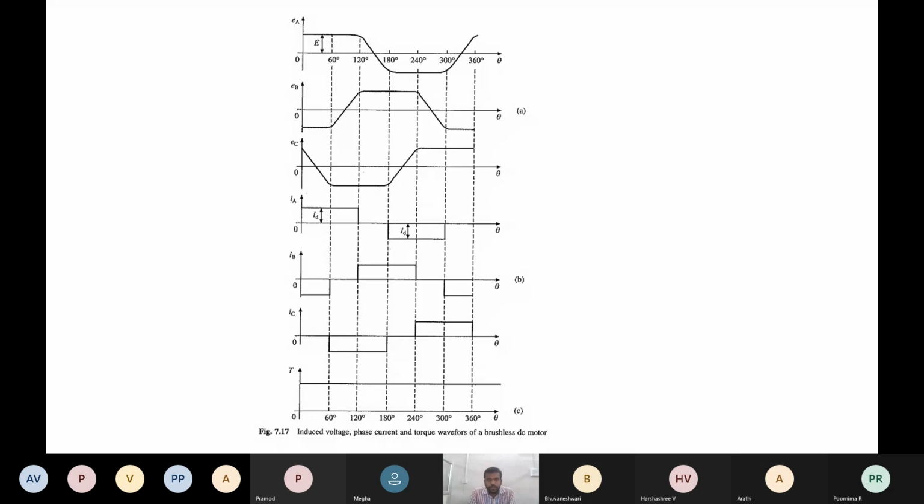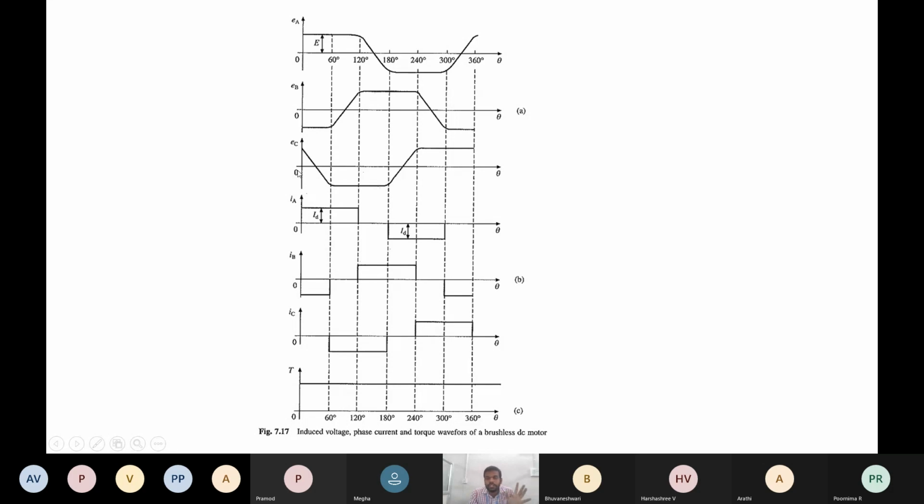Here, this is the waveform. As I told, this is the waveform. You can say this is A, B, C, and this is D, E, F, G. These are the induced phase voltages EA, EB, EC.